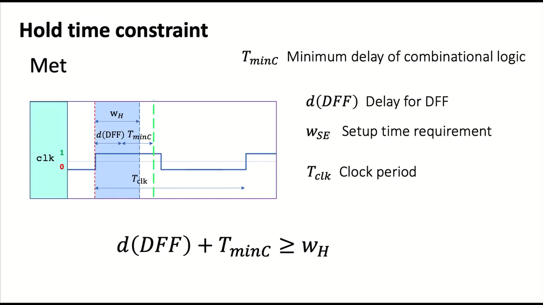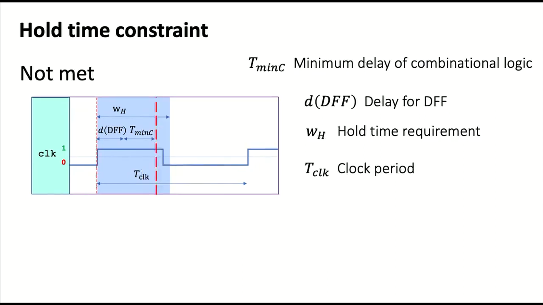So if you have a path through your combinational logic that allows an input to cause an output to change very quickly, that might violate the hold time. But if even the shortest path through your logic plus the flip-flop is greater than the hold time, you're okay.